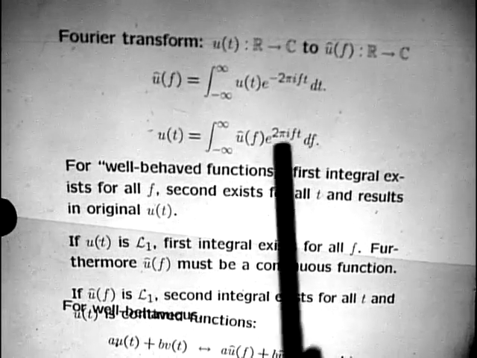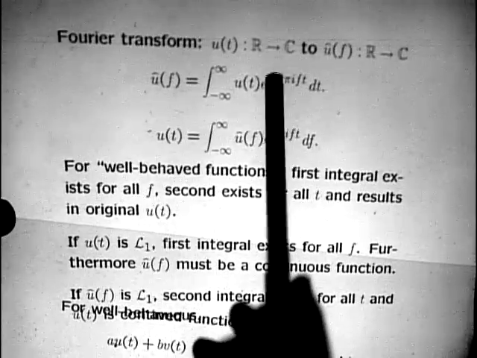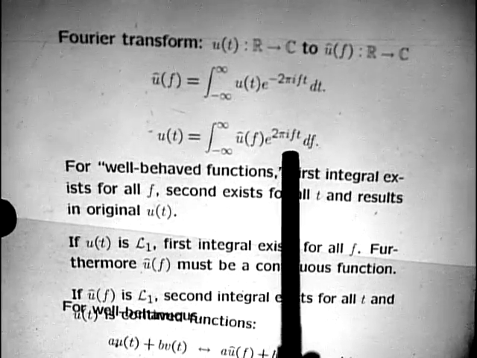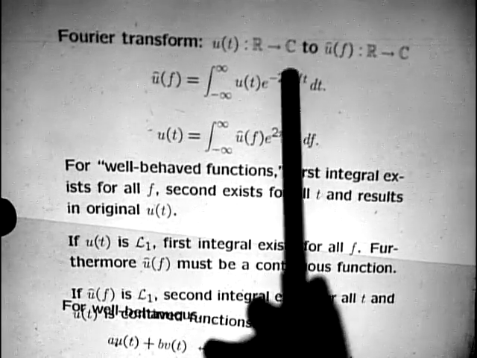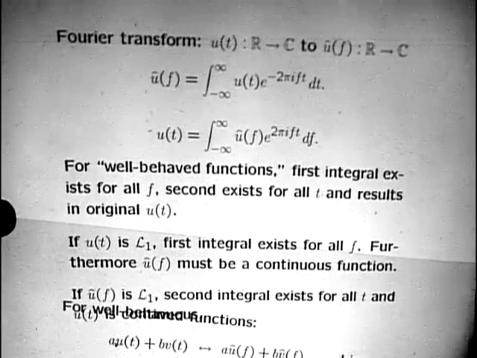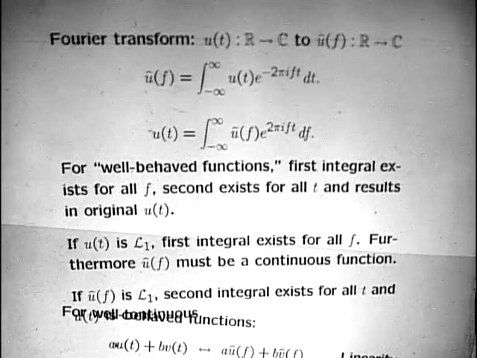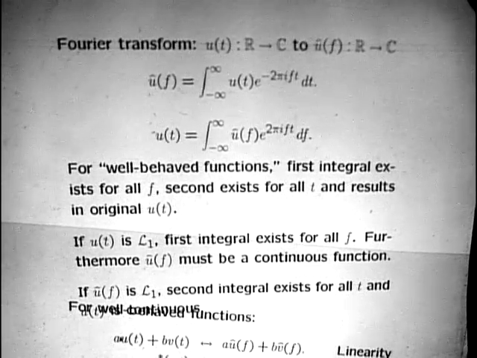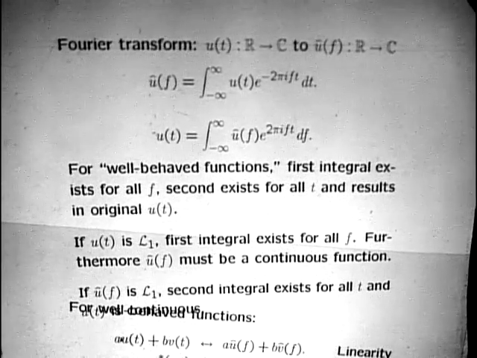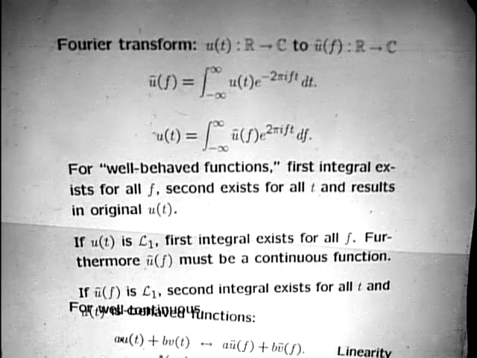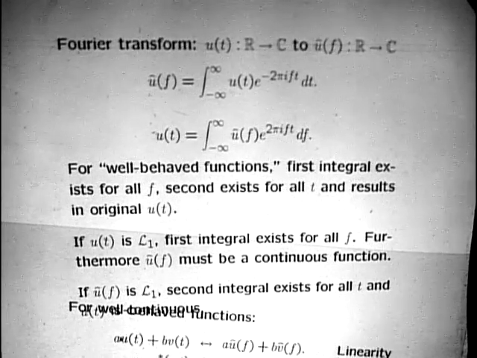And the only difference is that instead of a minus 2 pi i f t, you have a plus 2 pi i f t. In other words, this is the conjugate of this, which is why this is called Hermitian duality. But aside from that, everything you learn about the Fourier transform, you also automatically know about the inverse Fourier transform for these well-behaved functions.